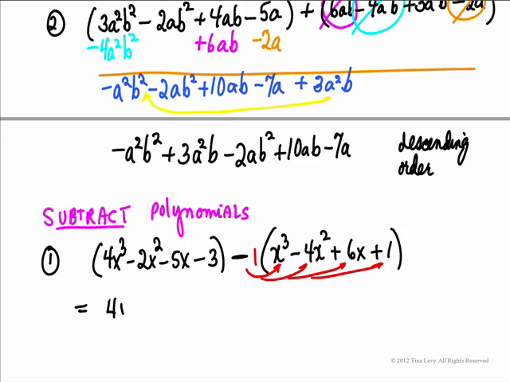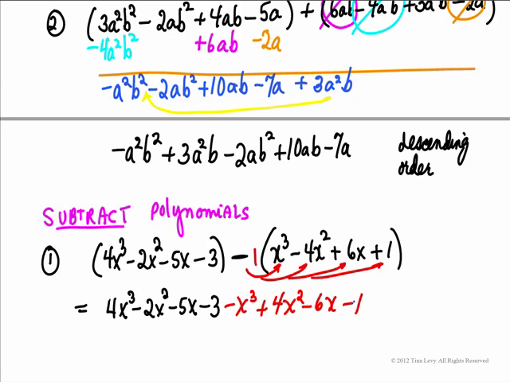So for this problem I can get rid of the parentheses in the first one: 4x cubed minus 2x squared minus 5x minus 3. And then I distribute negative 1 times x cubed, negative x cubed. Negative 1 times negative 4x squared, plus 4x squared. Negative 1 times 6x, minus 6x.